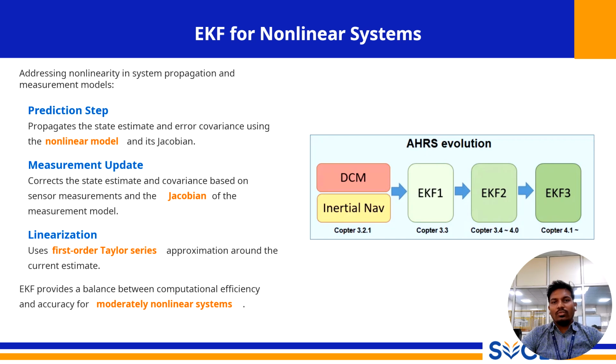This constant cycle of prediction and correction is what allows the EKF to track the true state of the system over time. Both of these steps are made possible through the process of linearization. The EKF uses a first order Taylor series approximation around the current estimate to create a linear version of the nonlinear model.